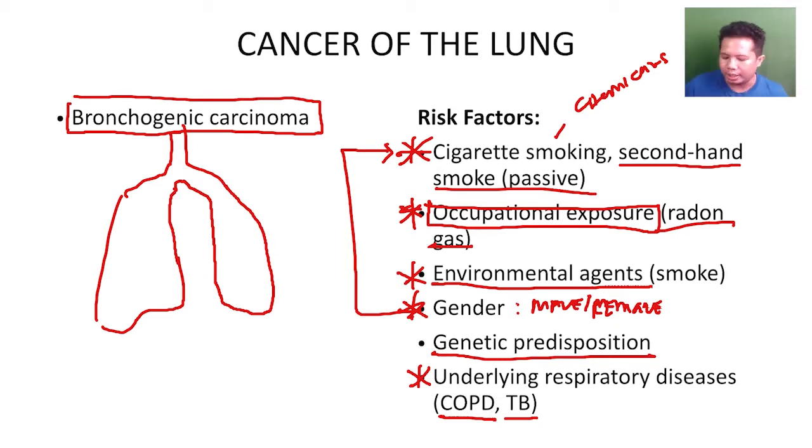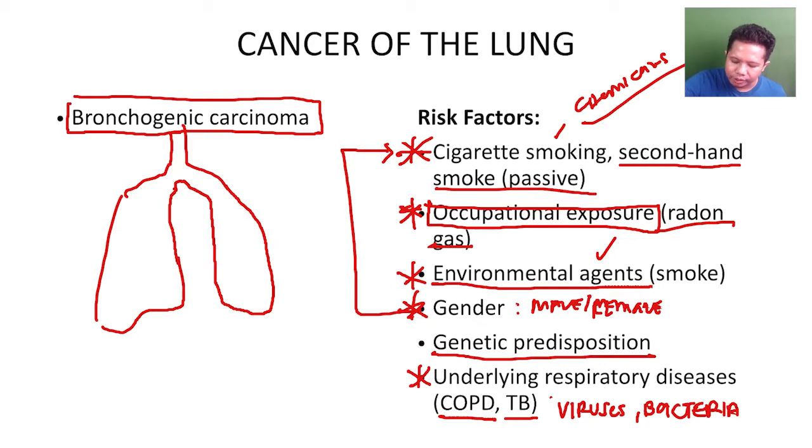So, sir, why? Okay, so remember, di ba? We have our chemical, our environmental factors, and we have here your viruses and bacteria. Remember that one? Okay. So, infection, for example, you have TB of the lungs. Usually, your nodules would be, the bronchioles would have enlargement. Or COPD, there's thickening of the walls of your lung.